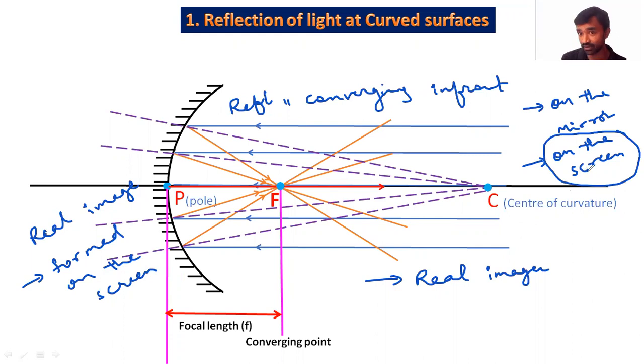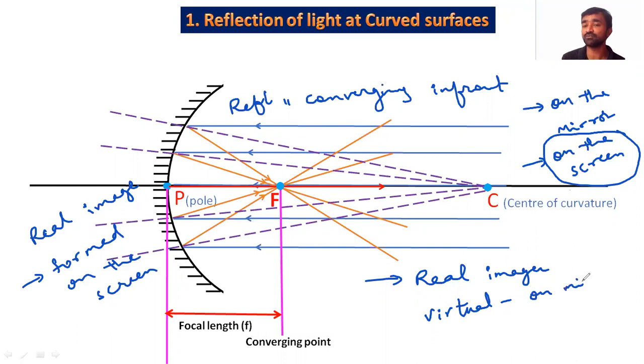What you can see on the screen is called a real image. So watching a movie on the screen is a real image. Okay. So what is a virtual image? On the surface.